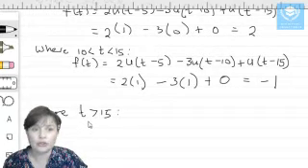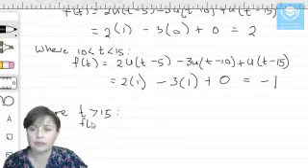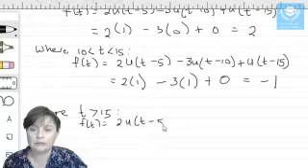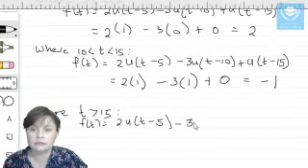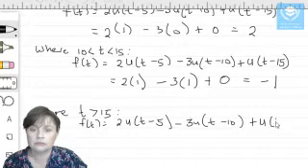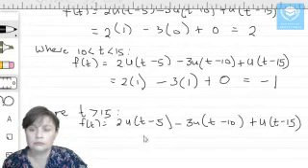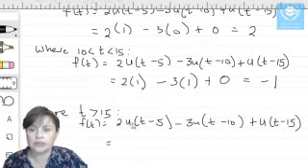So what happens to your function f of t? Let's just write it out again. So what happens here?